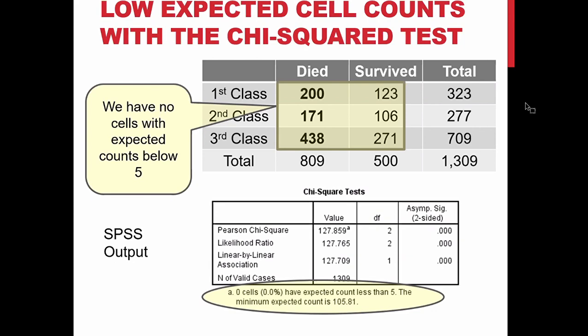It will report that 0 cells have expected count less than 5, and the minimum expected count is 105.81.